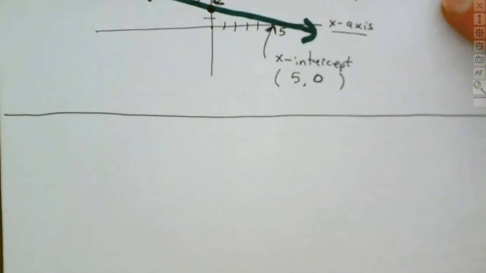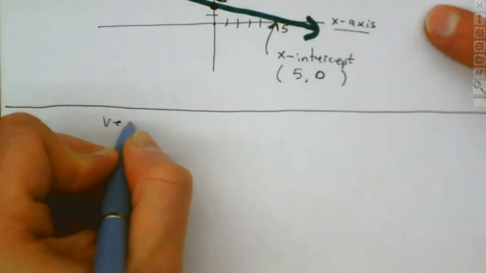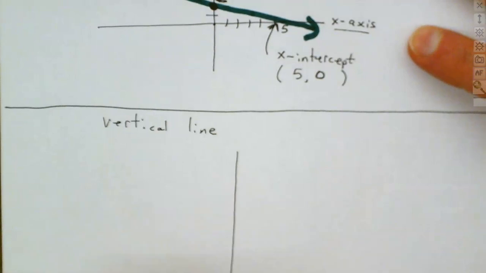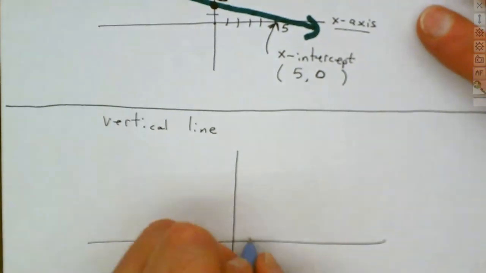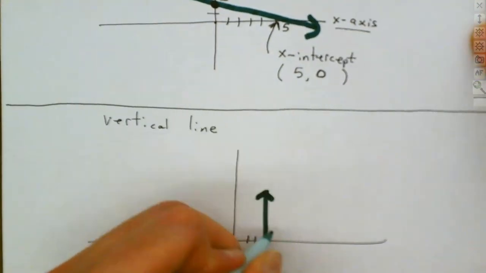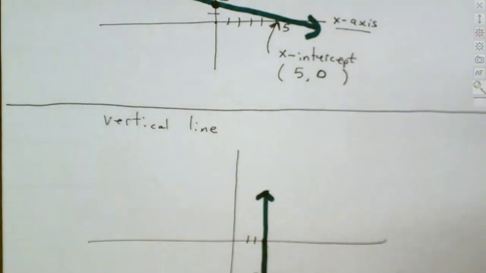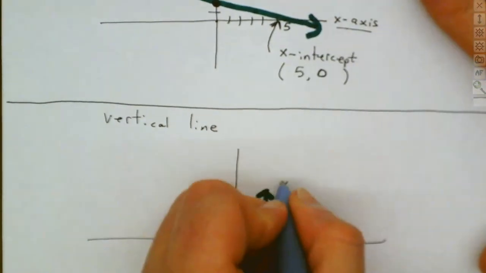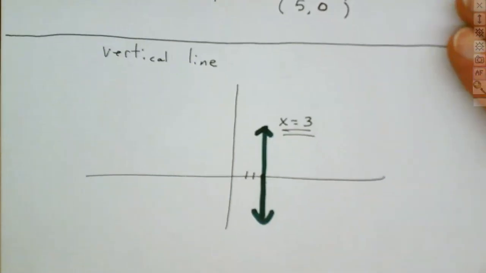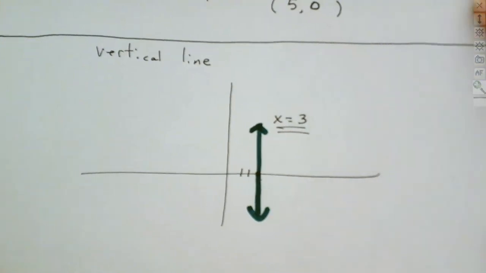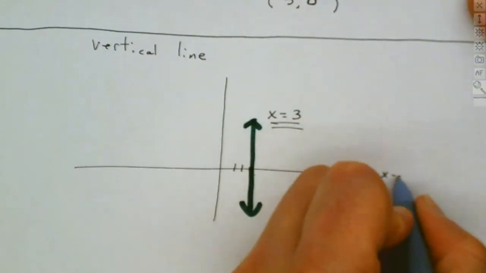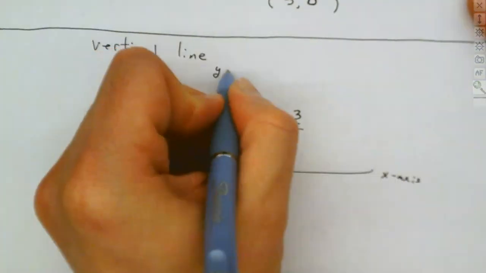What about a vertical line? I'm going to give you a vertical line, and we're going to talk about its intercepts. And this, by the way, would be x equals 3. So that would be the equation of that. X lines are vertical. So this is the line x equals 3. Now, what do we know about the intercepts? Here's the x-axis. Here's the y-axis.